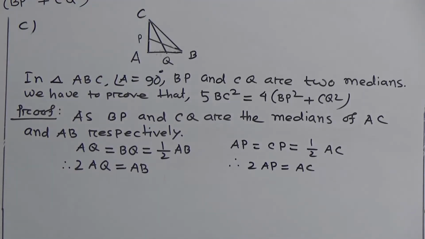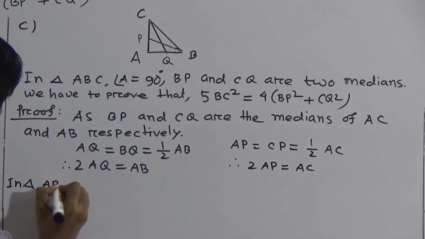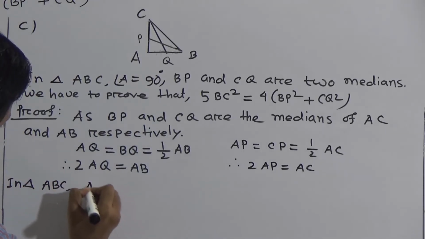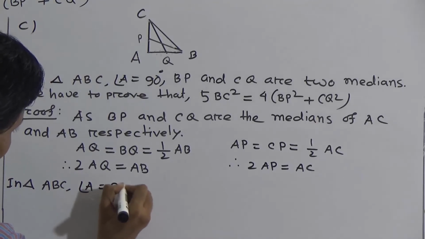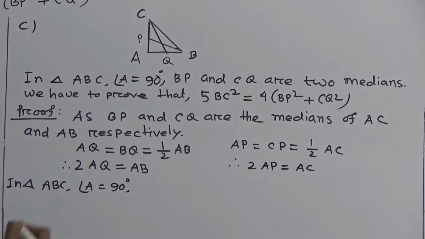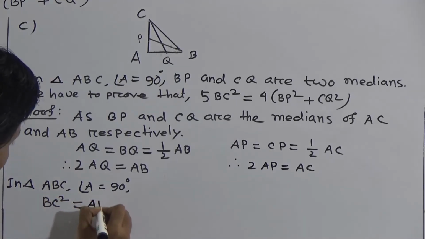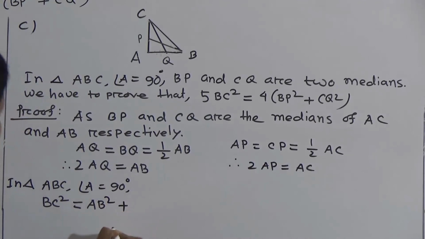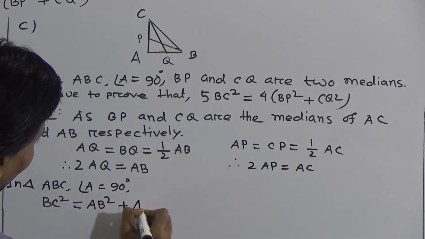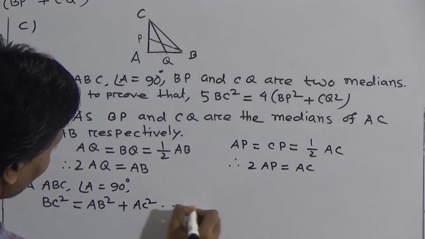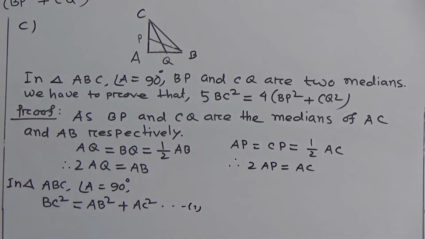Now in ABC triangle, angle A equal to 90 degree. That we can say BC square equal to what? AB square plus AC square. Equation 1.